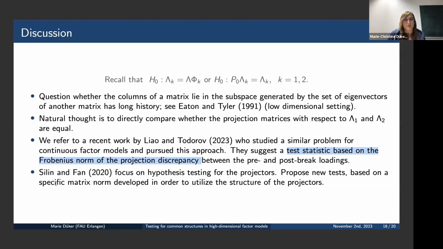And there's also a recent work by Celine and Fun, who looked at the same thing, and they even had to introduce a new matrix norm, and they don't even get any asymptotic distribution. So it's very hard to show any asymptotic distribution for that. Instead, they have some finite sample properties and propose some bootstrap procedure. But that would also be maybe a nice comparison with our results. But to emphasize again, we do everything in the lower dimensional regime, because we managed to reduce it to an analysis on the factors.